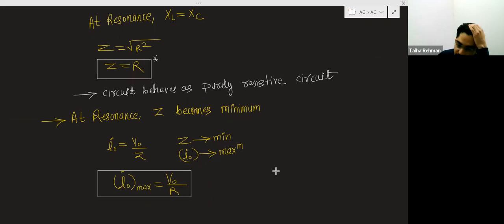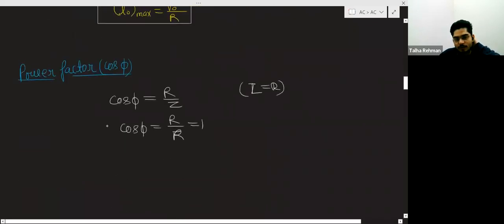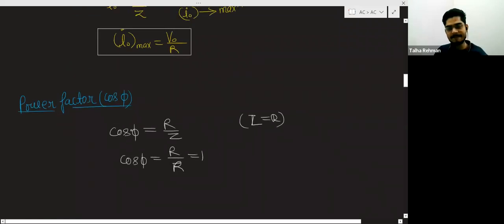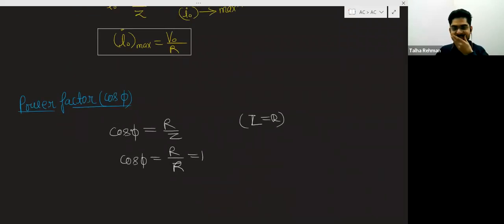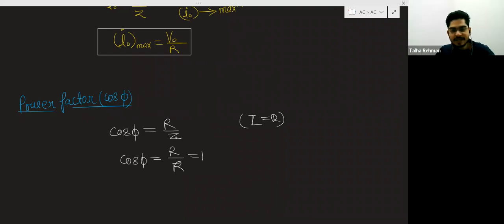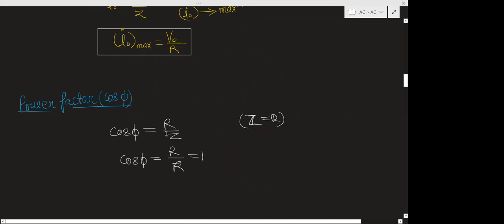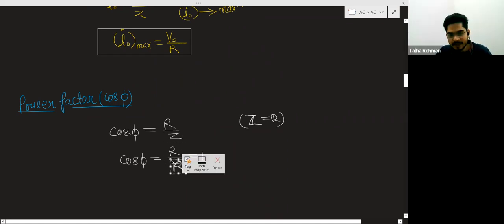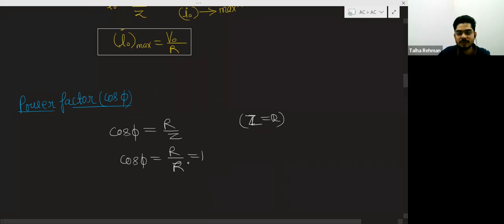Now, if I want to calculate the phase difference phi between the current and the voltage at resonance, see how I will calculate. We know from the last class that cos phi is equal to R by Z. But in case of resonance, Z can be written as equal to R. So R and R will cancel out, and you will get cos phi is equal to 1.